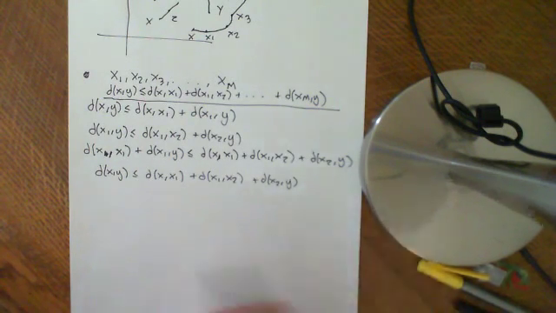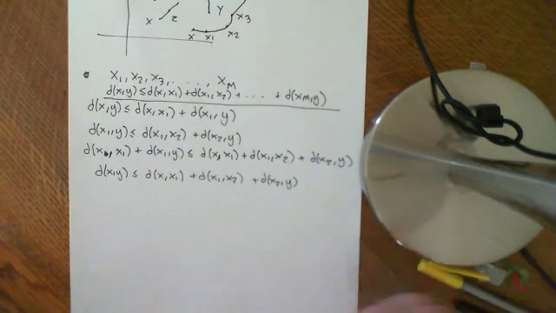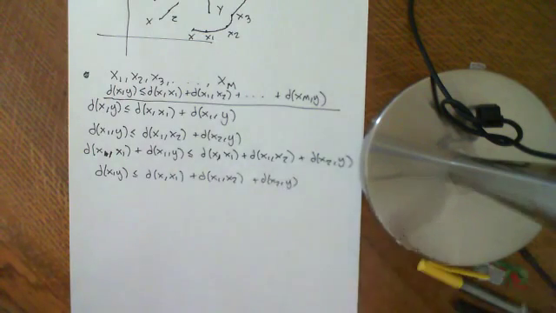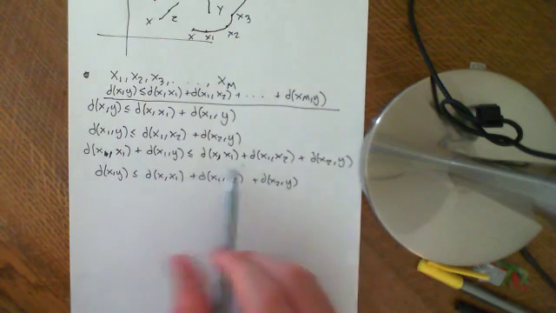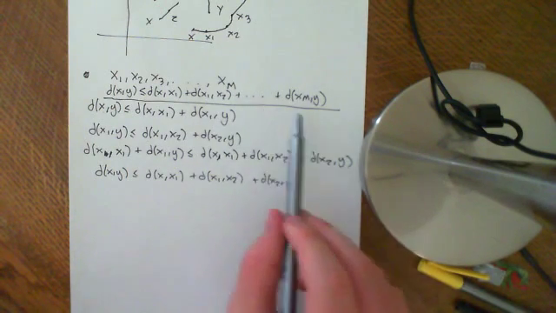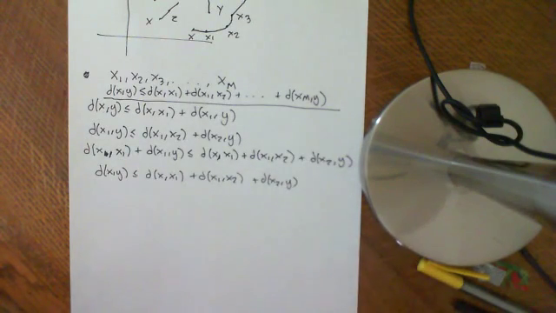If we were to do this by induction, we'd say it's true for n equals 1, then assume it's true for n equals k and prove it's true for n equals k plus 1, and it's pretty obvious that you're going to be able to prove that pretty easily. If you don't like proof by induction, then you could just continue this process until you've got your m points.